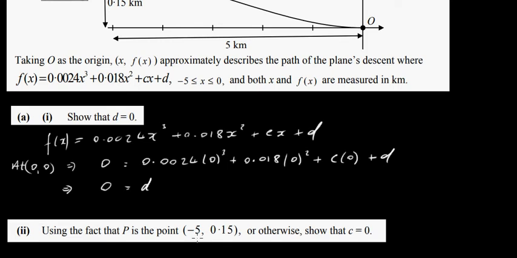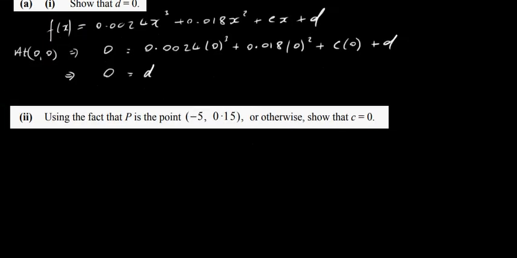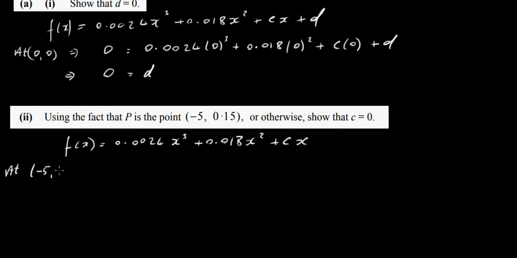The other point that we know is -5, 0.15. So we're going to do the same thing again. So we're going to take our function f of x is equal to 0.0024 x cubed plus 0.018 x squared plus cx, and we know that we don't have to put in anything for d here. So now we're looking at the point -5 for x and 0.15 for y.